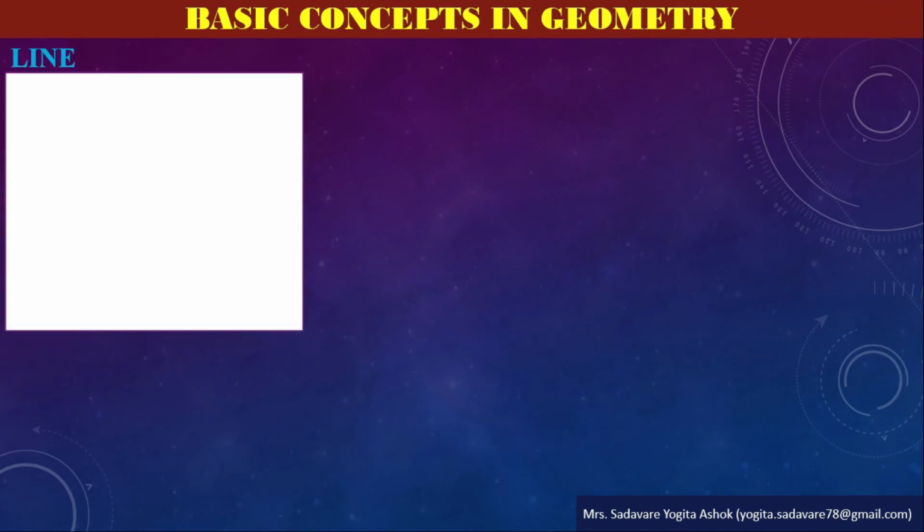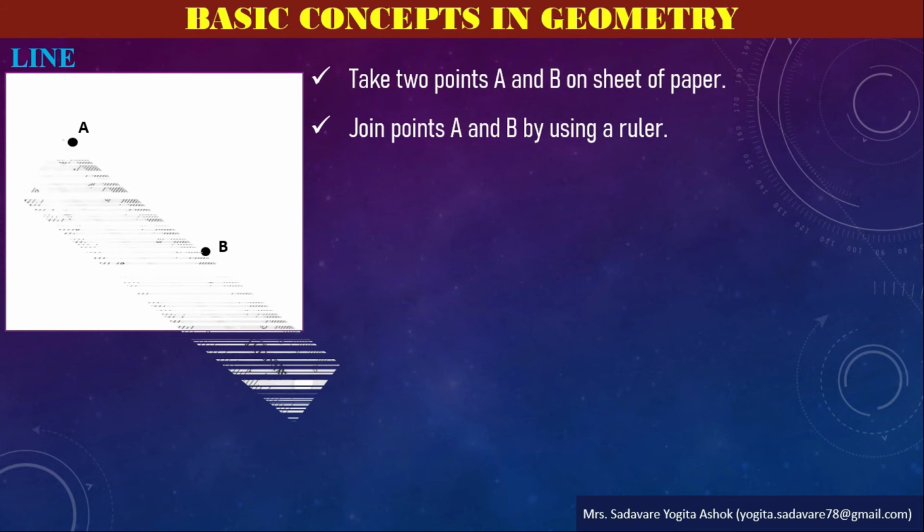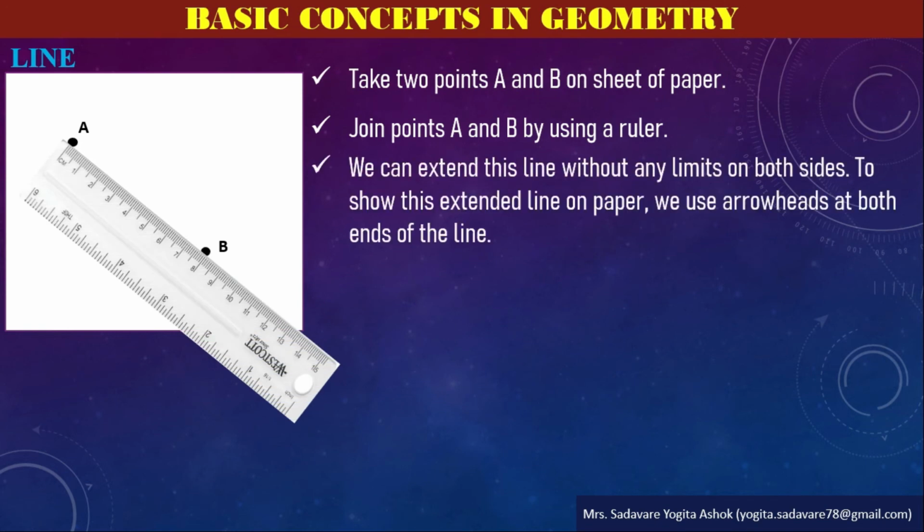Line. Take 2 points A and B on a sheet of paper. Join points A and B by using a ruler. We can extend this line without any limits on both sides. To show this extended line on paper, we use arrowheads at both ends of the line.